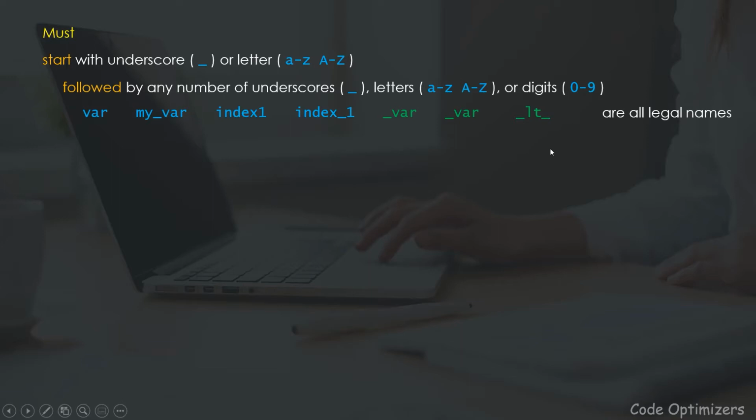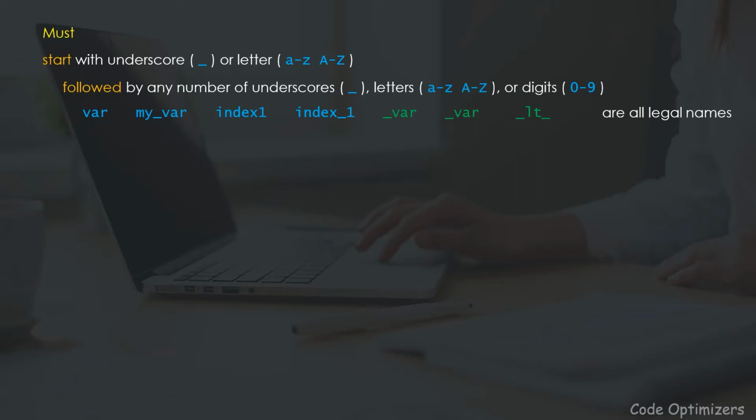That's also a legal identifier name. Now I have highlighted these in a different color, and I will explain that in a minute. But these forms of variable names by convention have a specific meaning attached to them.